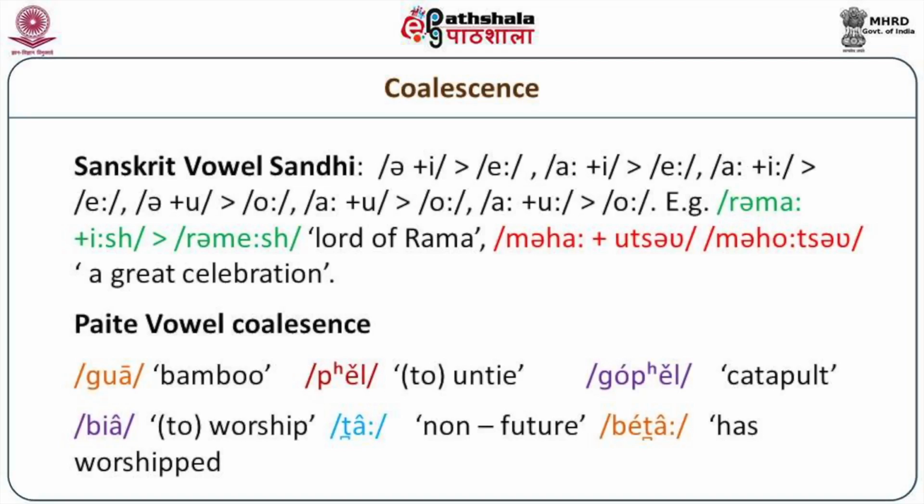Some more examples of vowel coalescence are found in other Indian languages. We have here examples from a Tibeto-Burman language called Paite. You look at the examples given on the screen. These are all examples of compound words, which is a common phenomenon in Tibeto-Burman languages.